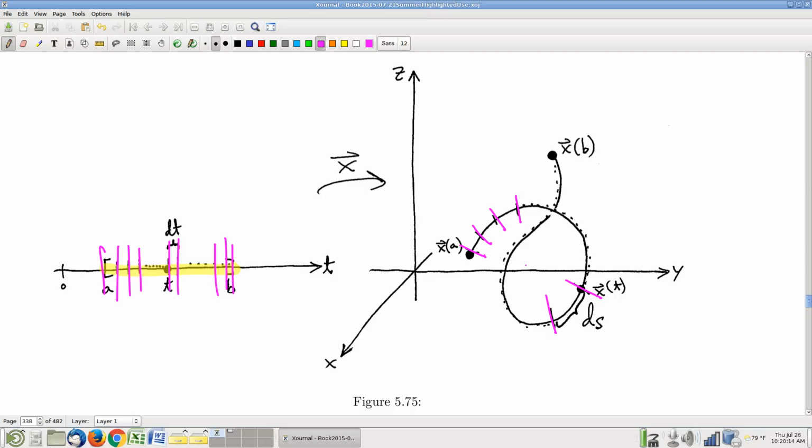And what I need to get a handle on now is how big these pieces are, or more specifically, what's the relationship between the size dt and the size of that little curve ds. All right, so a little piece of the t-axis, by way of this parameterization, is going to turn into a little piece of the curve.